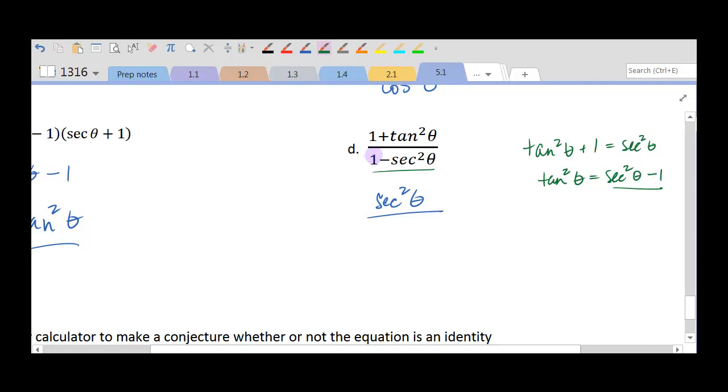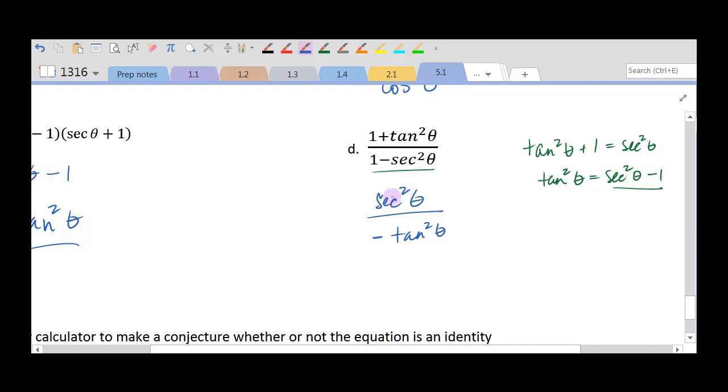So they're reversed by a negative value. What would help here is if I just multiplied by a negative. Then if I multiplied everything in here by a negative 1, I would end up with a negative tangent squared, a negative secant squared, and a positive 1, which is ultimately the form that I need.